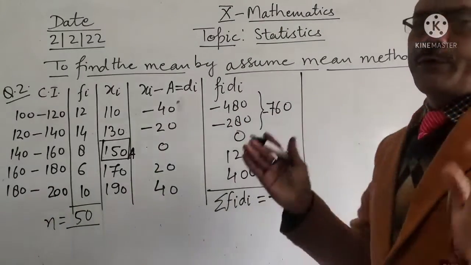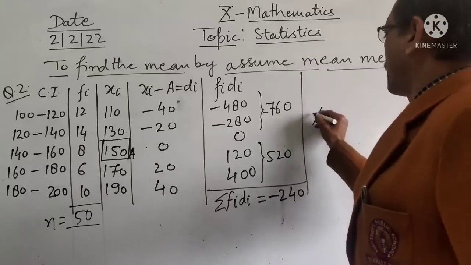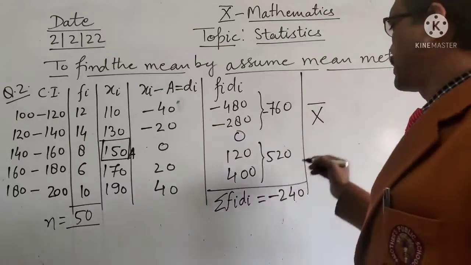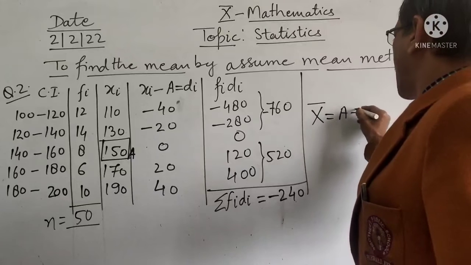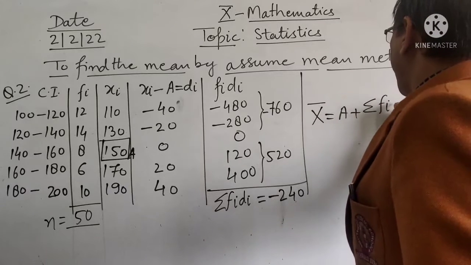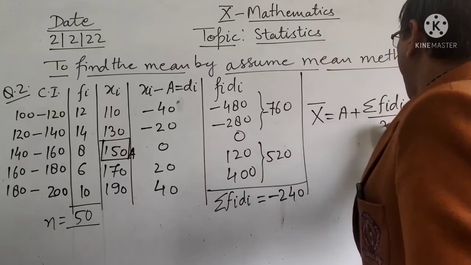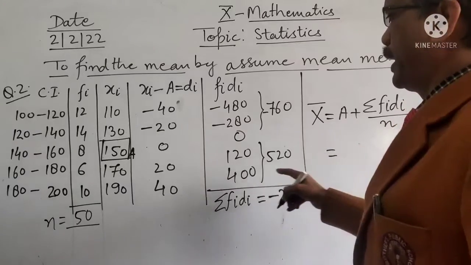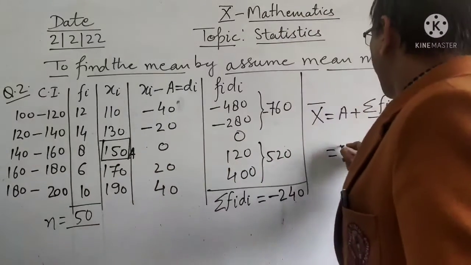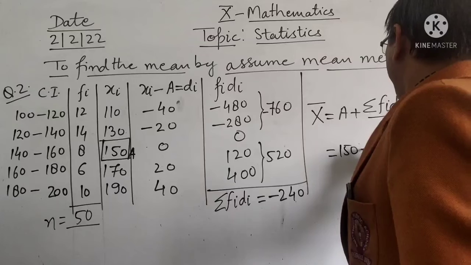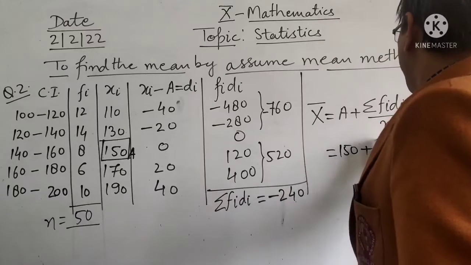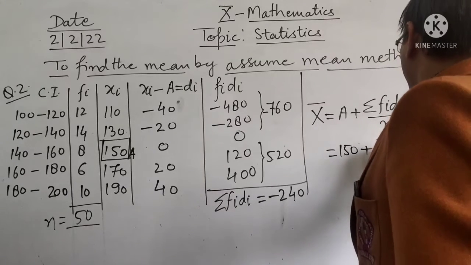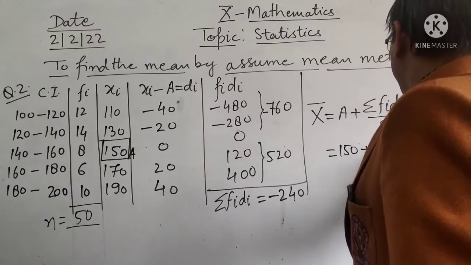Now there is a formula for the mean. The mean is represented by X bar. It is A plus sigma Fi Di upon n. So A is 150 plus sigma Fi Di, which is minus 240, upon n, which is 50.